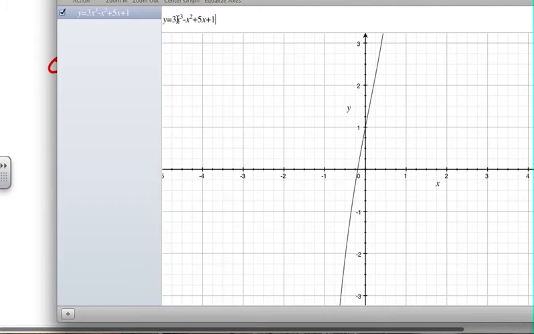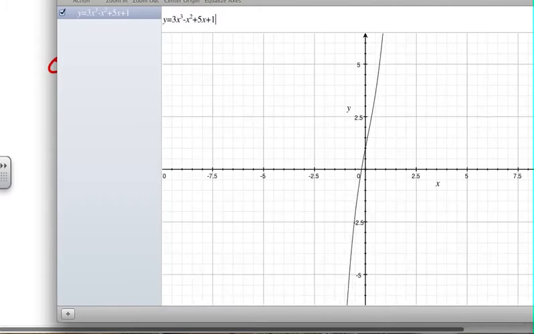Okay, so here we are. Let's zoom out on it a little bit. Now remember, we are looking at how this function behaves as x gets very, very, very big. So this is as x goes to infinity. And over here is as x goes to negative infinity.